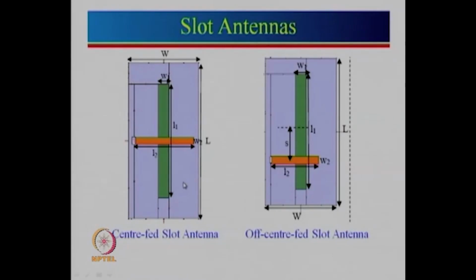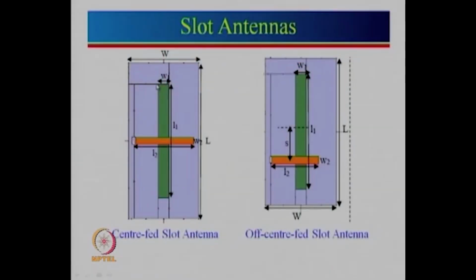Now for the slot antenna, the voltage and currents are slightly different, or opposite, of the dipole antenna. See, in case of a dipole antenna, current is 0 here, current is 0 over here, current is maximum. Whereas for the slot antenna, voltage is 0 here because it is short circuit, voltage is maximum, and then voltage goes to 0 here. So current will be maxima here, current will be 0.